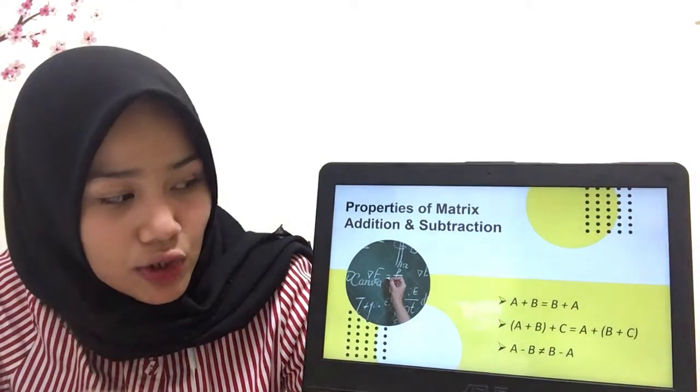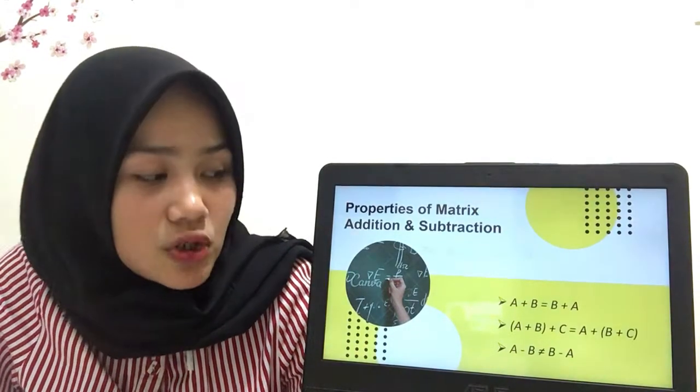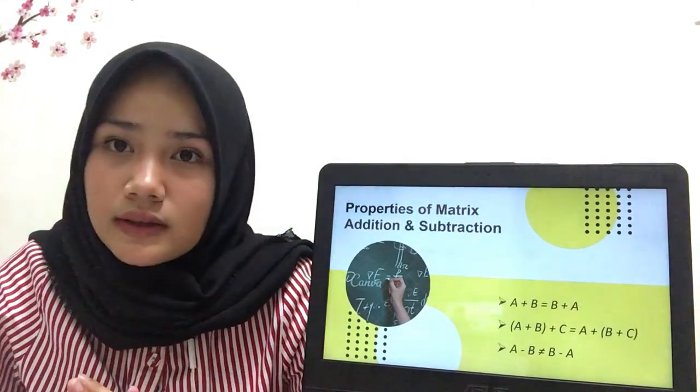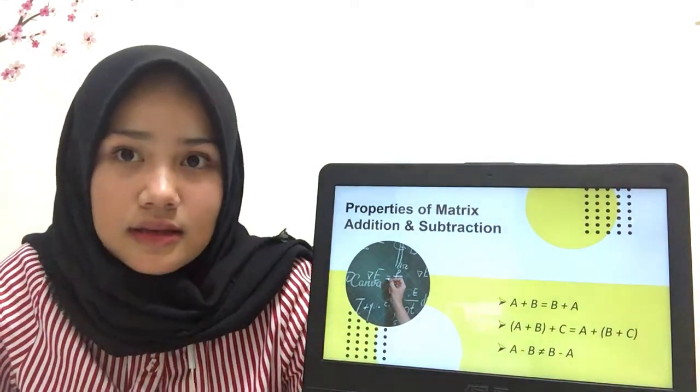And the third property is matrix A minus matrix B is not equal to matrix B minus matrix A.